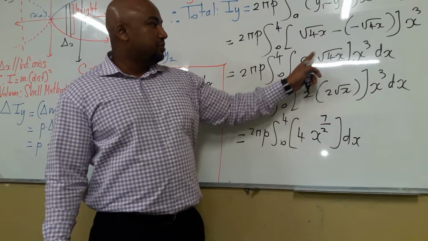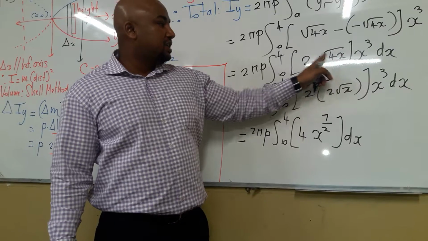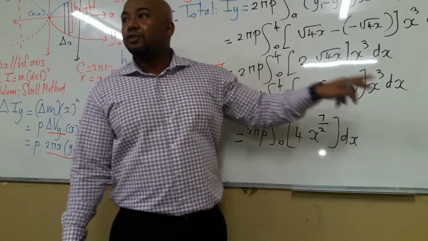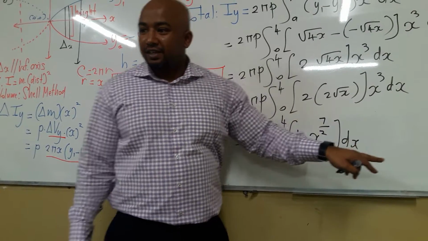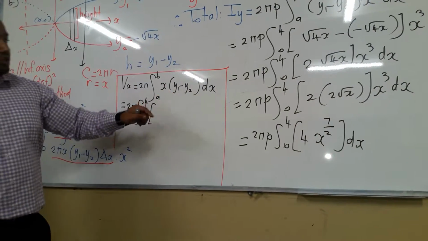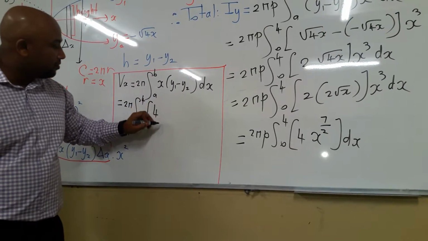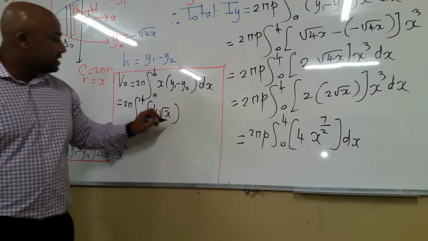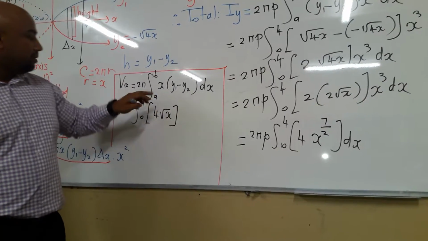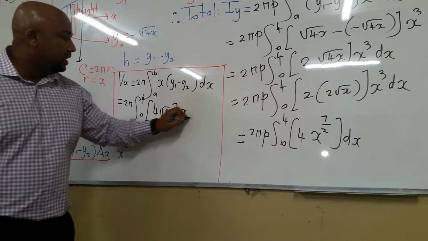So that will be 2 times the square root of 4x, which became 2 times 2, which is 4 root x. You understand that? We're not going to redo the whole process. We know y1 minus y2 was 4 root x, and we are multiplying it by x then.